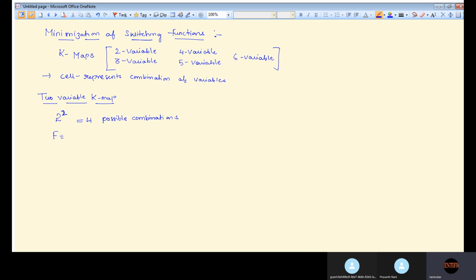Suppose I give you f = m0 + m2 + m3. How do you represent it in terms of sigma m(0, 2, 3)?